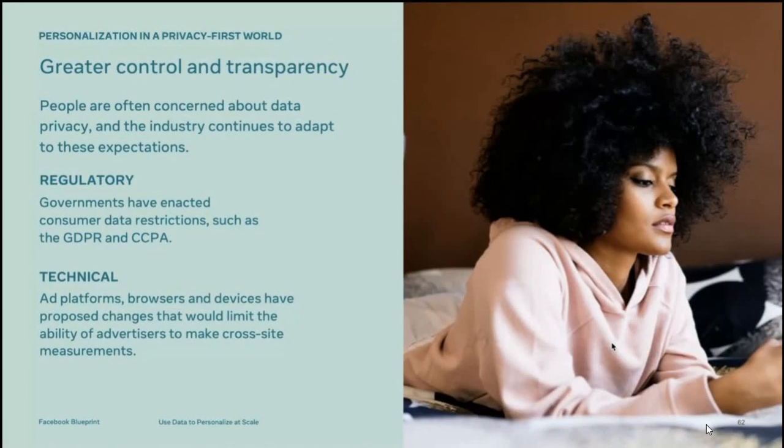The expectations people have for privacy have increased along with their desire to better understand and control how businesses use their data. Like Meta, regulators and other technology companies have focused on new ways to preserve privacy to meet these growing expectations.